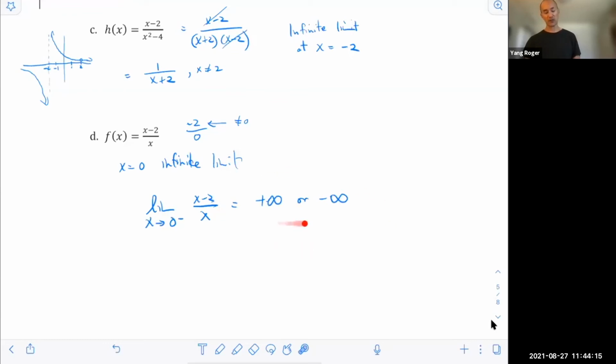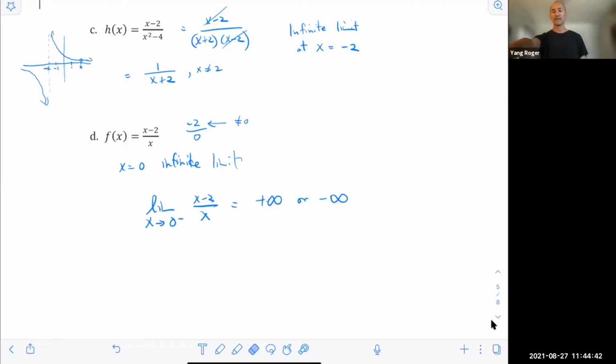We'll do the 3, 2, 1 thing again. I want you to look at this and think, do I think it's going to go to positive infinity or negative infinity? Type your answer in the chat box. We're going to count it down. 3, 2, 1, go.